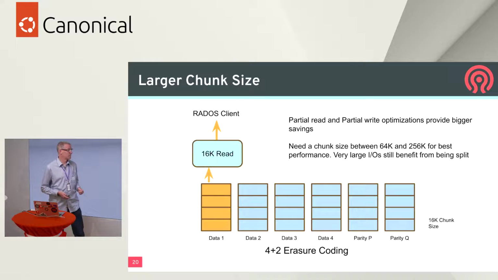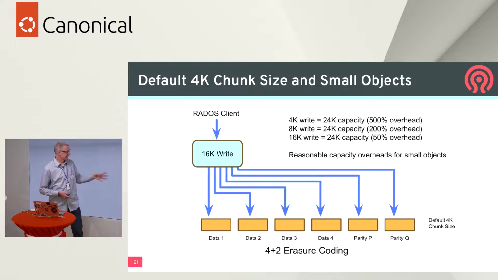There's another problem with chunk size, however, and this is probably why the default chunk size is currently 4K. That's what happens with small-sized objects. So with a default 4K chunk size, if I do a 16K write, then I get 4 4K chunks of data stored on different OSDs, and I get the 2 parities written.